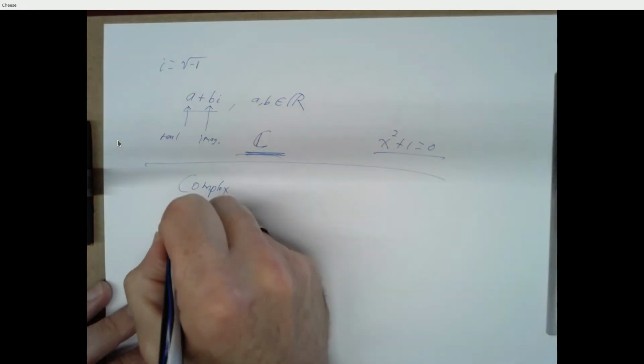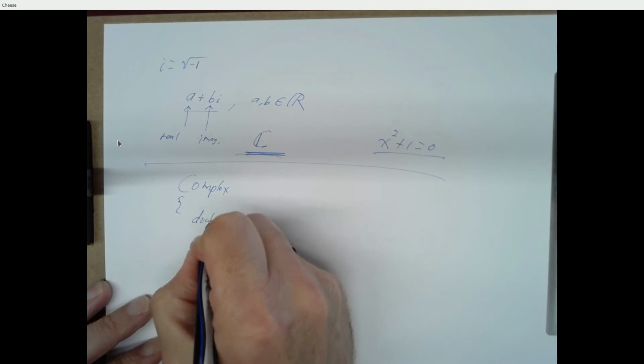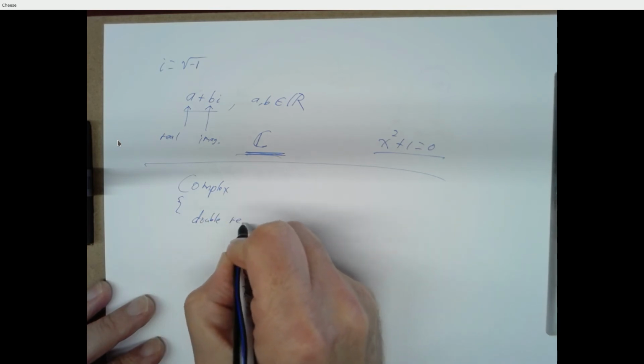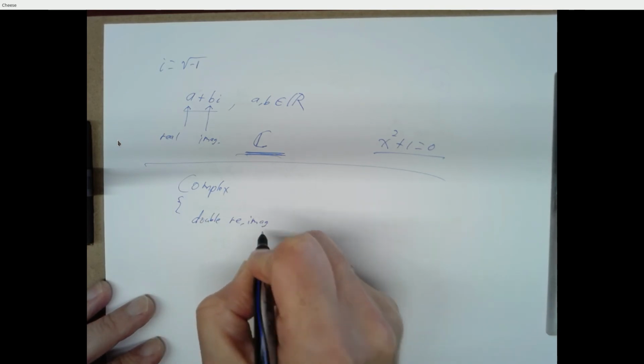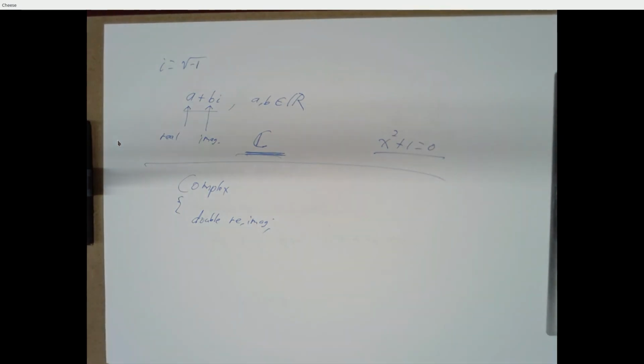So we can do something like this. A complex number will simply be a pair of doubles, one called real, RE, and the other called imaginary, IMAG. This is similar to what we're doing with fractions. We're taking the idea of a fraction and reducing it to just a pair of integers.